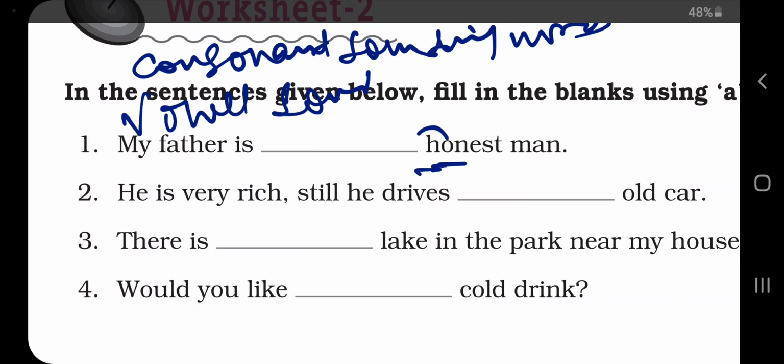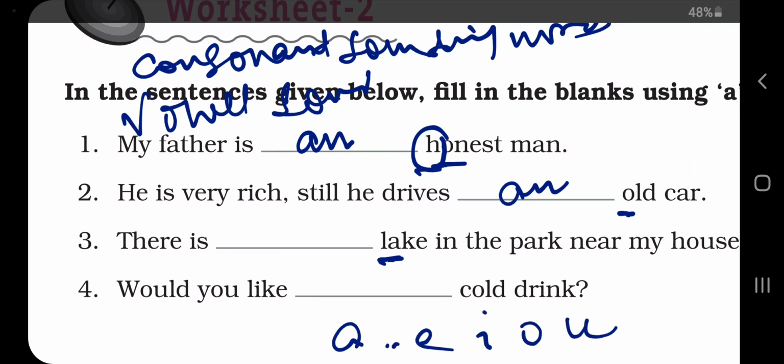We are not pronouncing the H, we are pronouncing it as onest, the vowel sound, so it should be an honest. He is very rich, still he drives an old car. O is a vowel, so an old car. There is a lake. L is a consonant. You know the vowels are A, E, I, O, U. So L is a consonant, so it should be a.